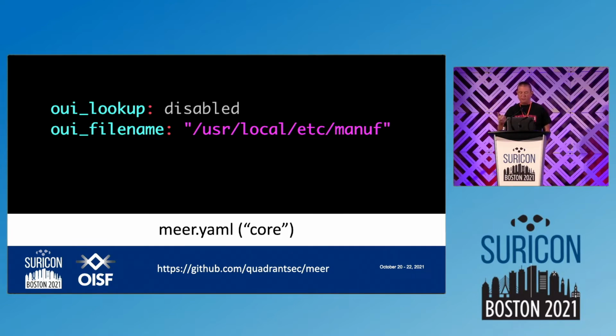If this is enabled and we actually get a DHCP log that has a client MAC in it, we can do a quick lookup and see what the vendor is. Again, it's about enriching the data so that it might be useful for the analysts whenever they're looking at it. The URL for this particular file is in the YAML config, the actual Meer YAML config. I didn't put it in here, but you can go there and just pull it down and automate that whole process if you wanted.